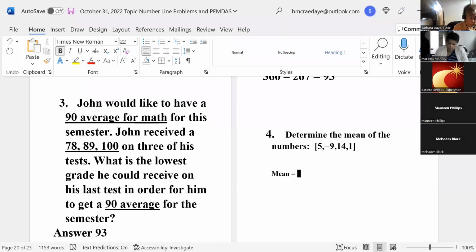Determine the mean of the numbers 5, -9, 14, and 1. 4.5, miss. What did you get? 4.5. How did you get 4.5?